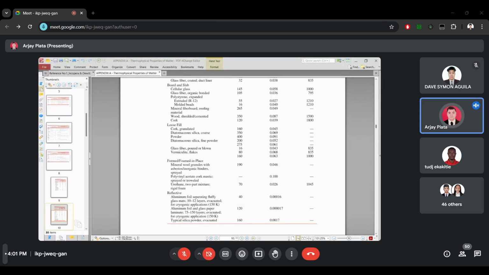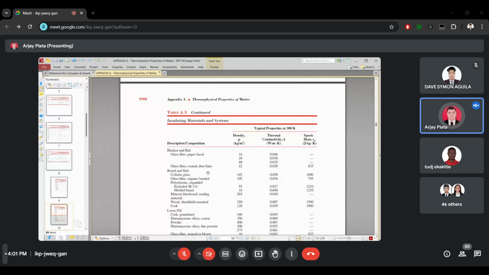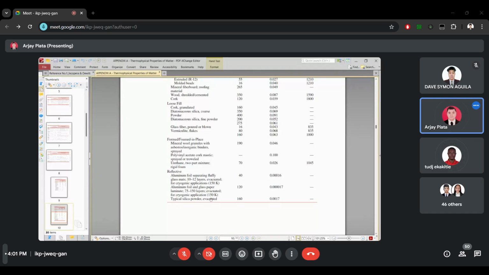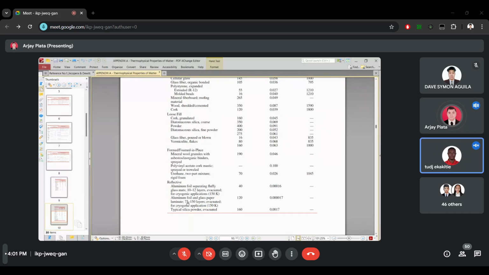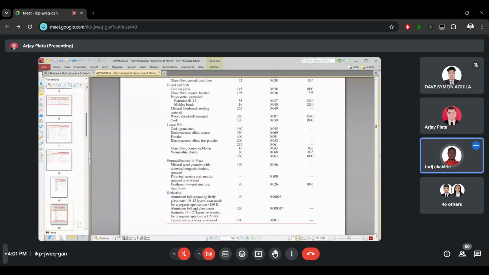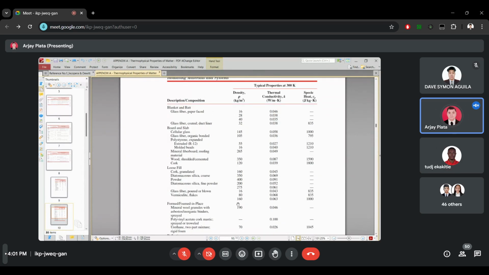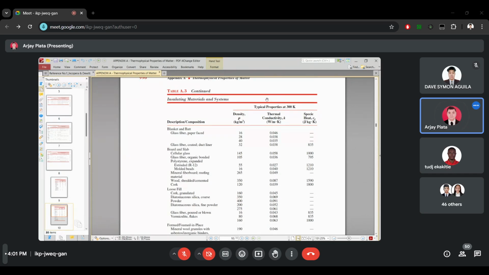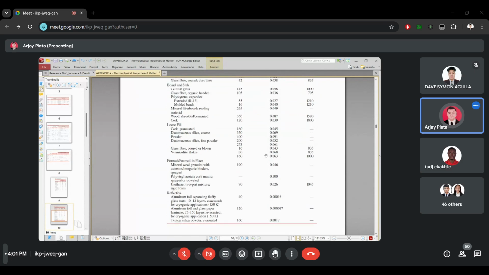This is a PDF copy, but in your green book you also have Appendix A, Table 8.3. You just have to find the silica powder. Table 8.3, insulating materials and systems, physical properties at 300 Kelvin. So this one is the correct value, 0.0017.